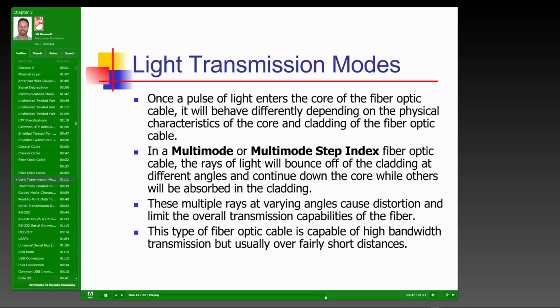One of the things about having multiple rays, though, is that it can cause distortion, and that limits the overall transmission capabilities of the fiber. So with multi-mode it's capable of high bandwidth transmissions because we have the ability to transmit multiple rays, but it does reduce the distance that the data can travel.